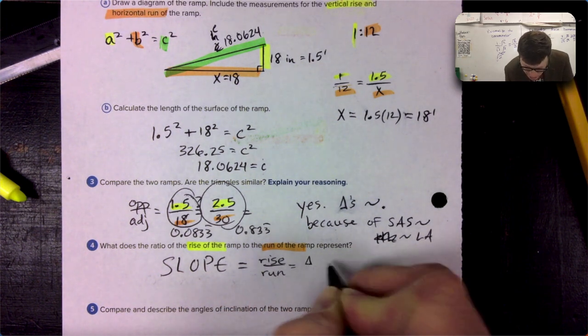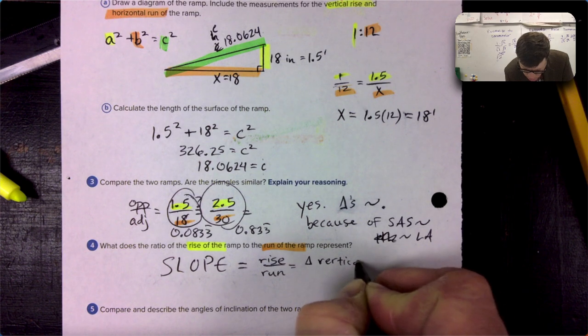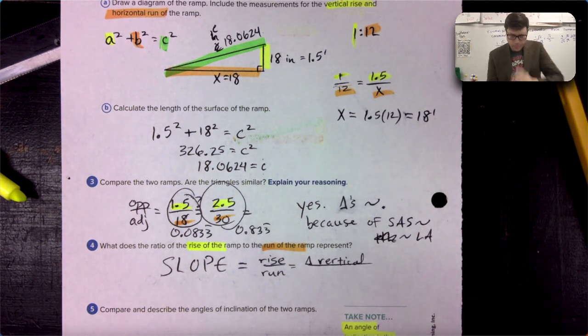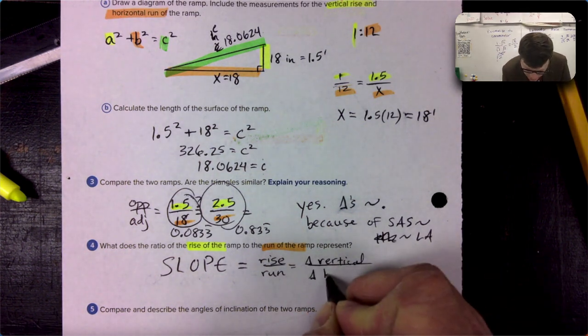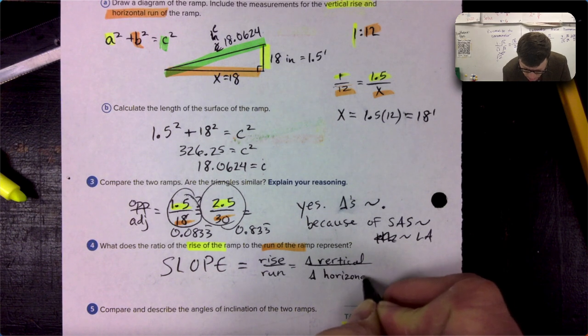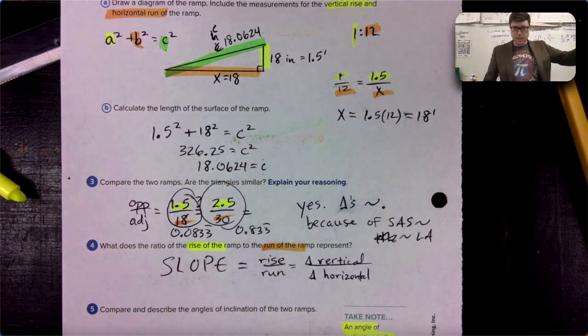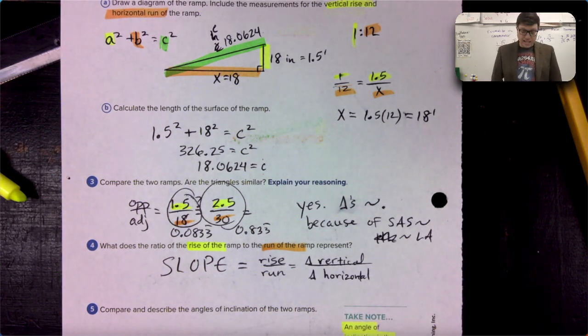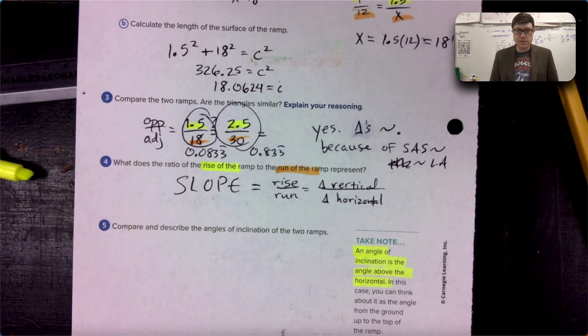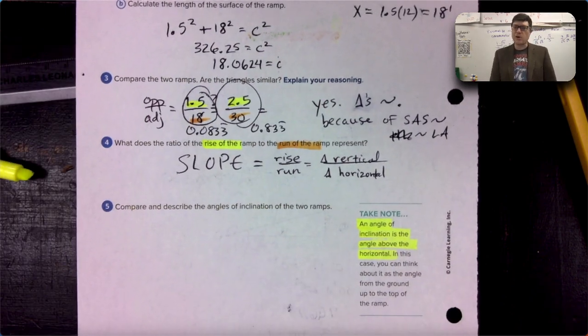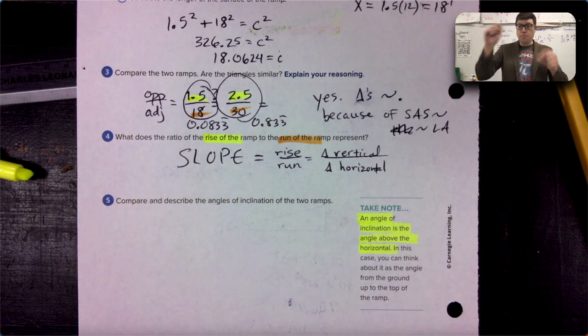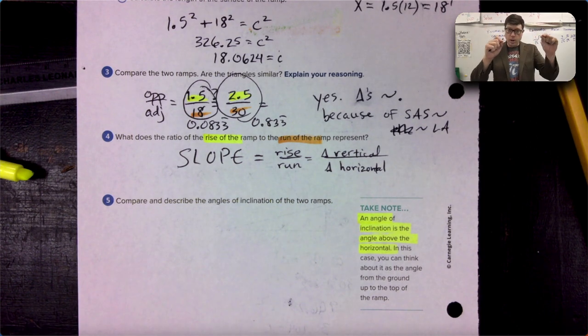It's the change in the vertical over, or divided by, the change in the horizontal. So horizontal. Okay? And that's consistent from any time you've talked about non-geometry things like graphing, that between 2 points, there's a rise and a run.